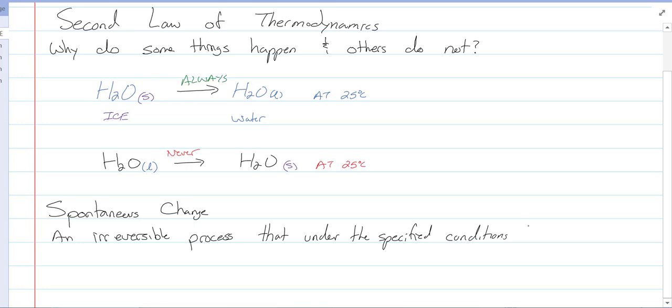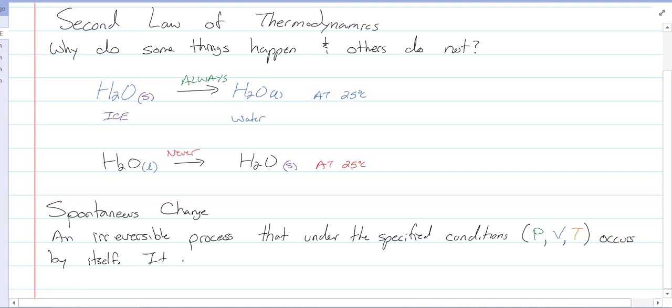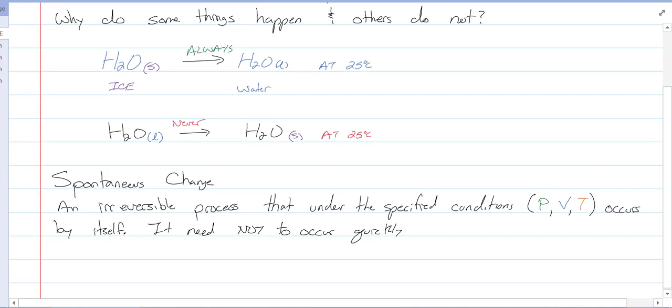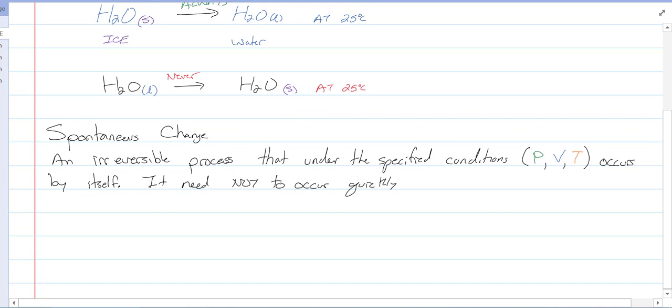Those conditions would be like pressure, volume, temperature, etc. And here's the thing: it need not occur quickly. It doesn't have to be fast. It just has to happen. So that's spontaneous.